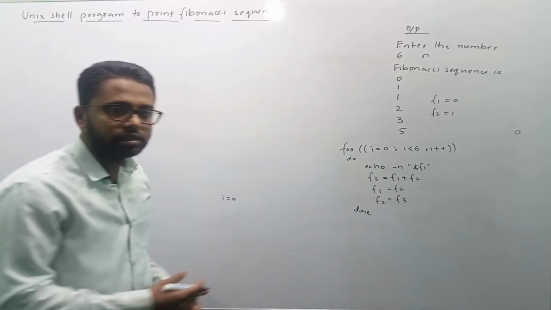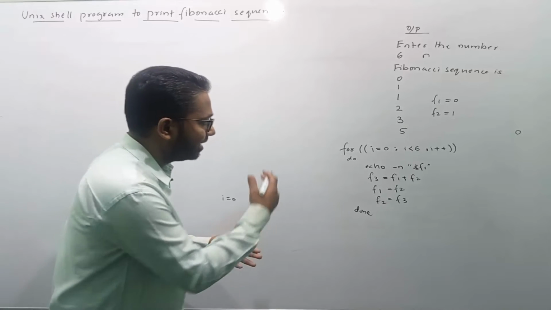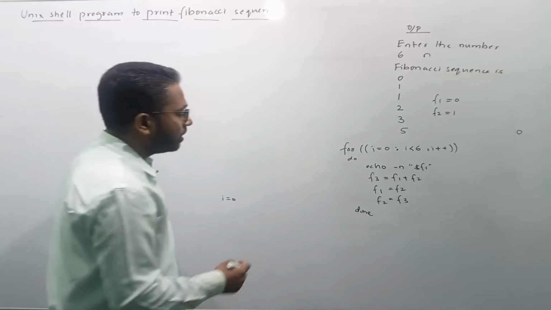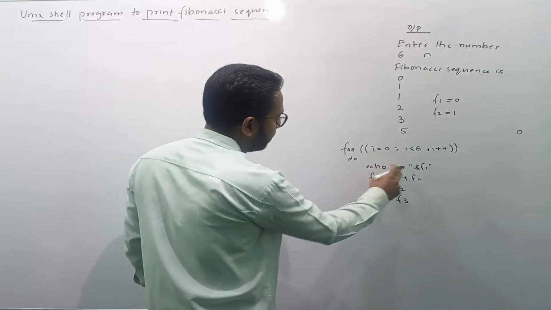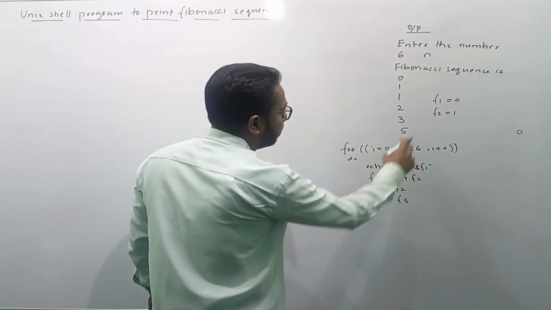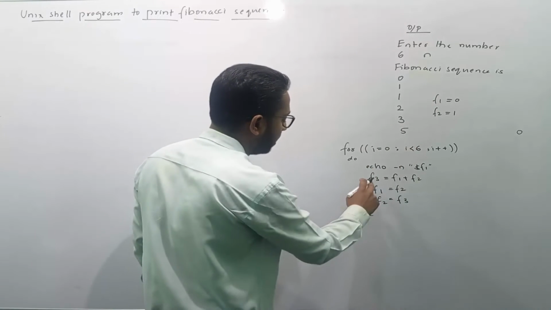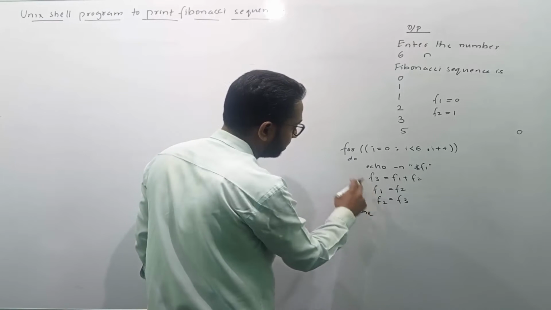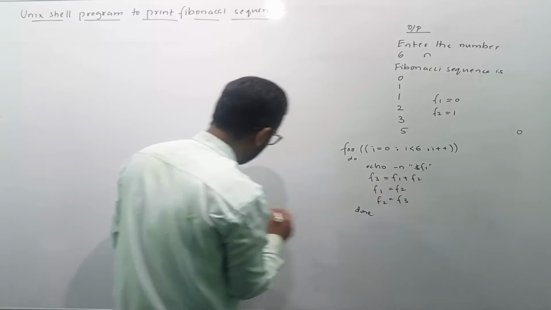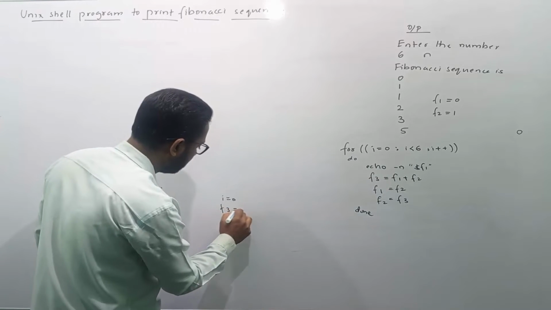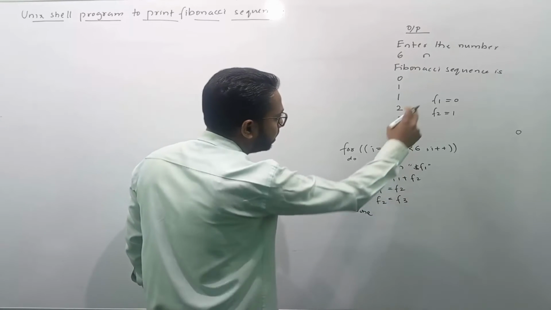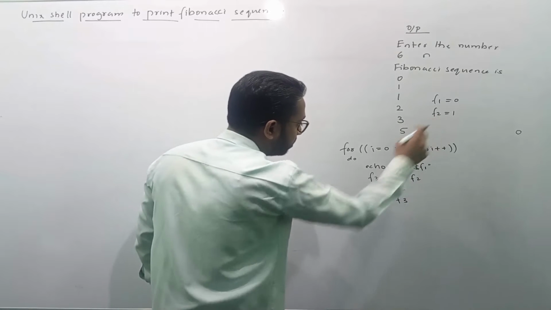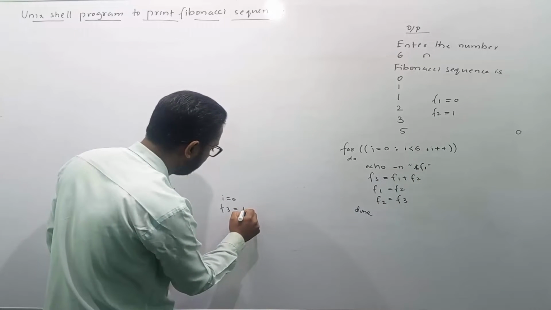Now let us see how this particular concept works. When the value of i was 0, this f1 value which is 0 gets printed. Next we will be performing these three statements. f3 equals f1 plus f2. f1 is 0, f2 is 1, so 0 plus 1 and we will get 1.